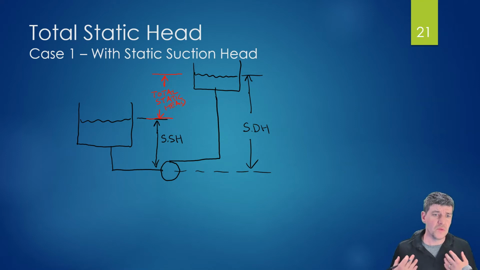Okay, so we have the difference between the two. When we consider how much we have left over in between the two, it provides us with the total static head. So really the difference in head that that pump has to provide in order for that system to just be stable.